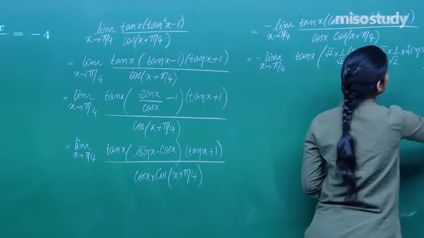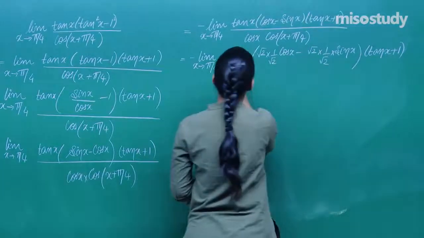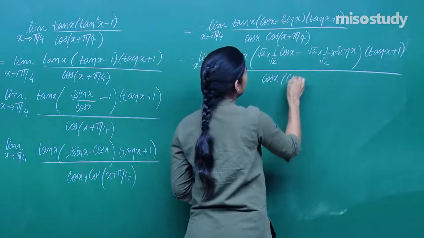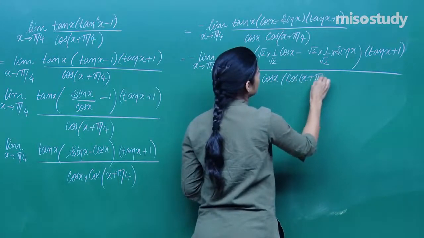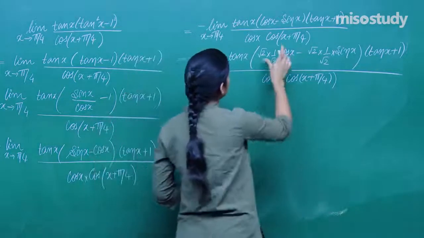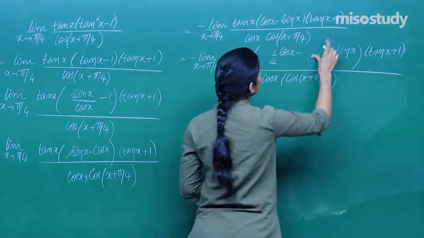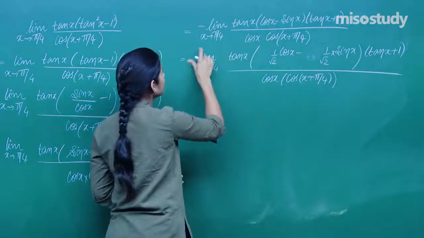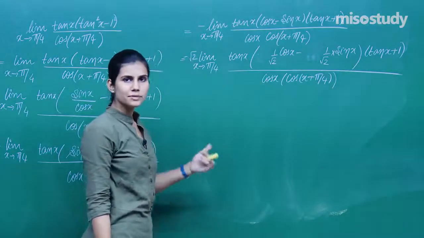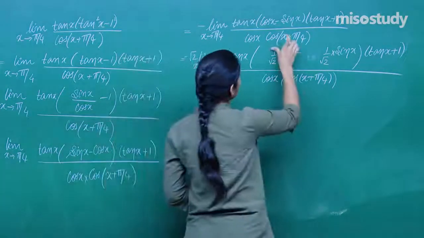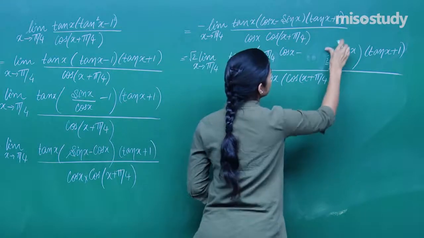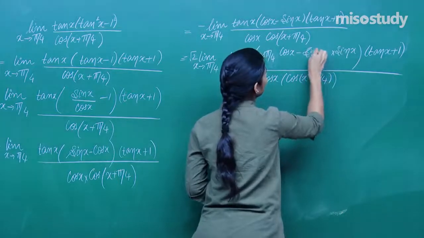And this is tan x plus 1 whole upon cos x, cos of x plus pi by 4. Fine. Now you can take out this root 2 common throughout, because limit of constant times a function is constant times limit of that function. Now you can replace this root 2 by cos of pi by 4 and replace this root 2 by sin of pi by 4.